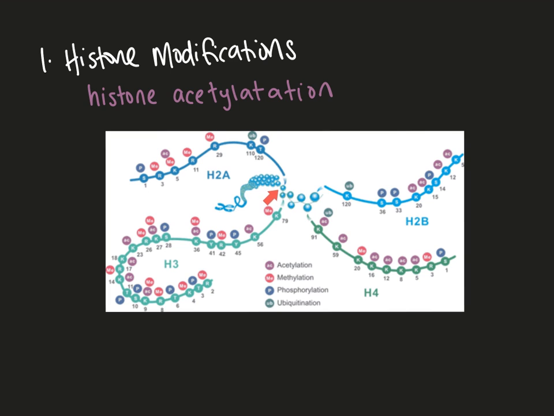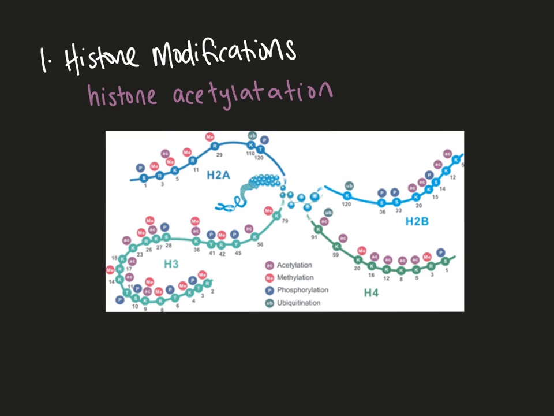Those histone proteins have tails. Specifically, this is the tail of histone H2A. That's one of the components of the nucleosome, the bead. This is the tail of histone 3. This is the tail of histone H2B. And this is the tail of H4. This is just a diagram shown to illustrate some of the types of modifications that can happen.